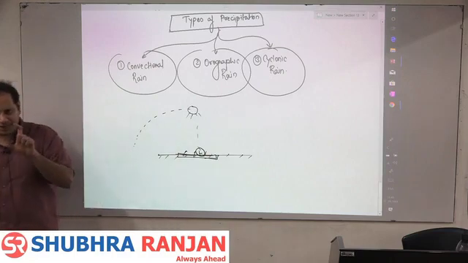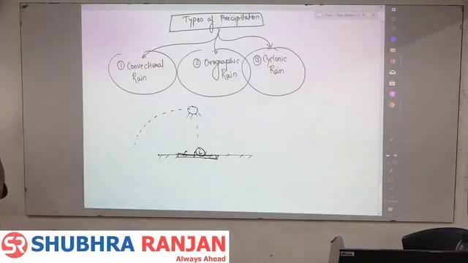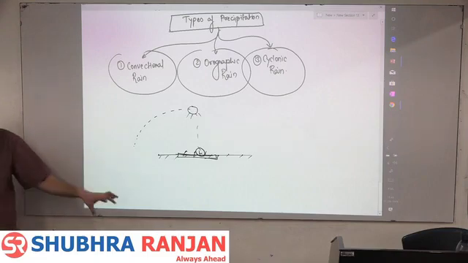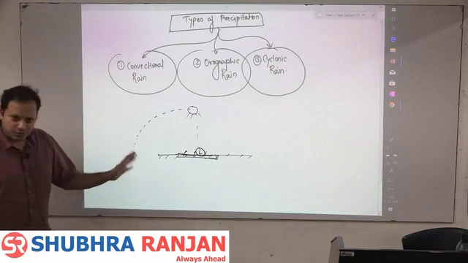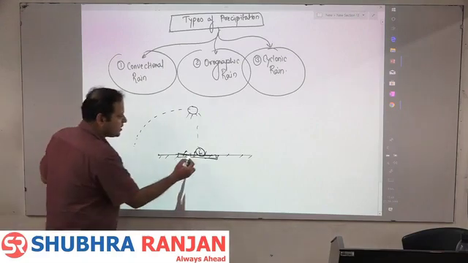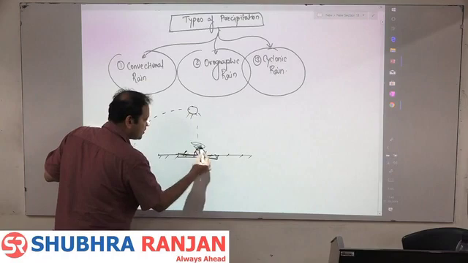Sun will heat the ground maximum from 12 to 3, धूप जब सबसे तेज होती है. But गर्मी, that is the air, will start getting heated at around 4 o'clock, and therefore this air will start rising upwards from this region.